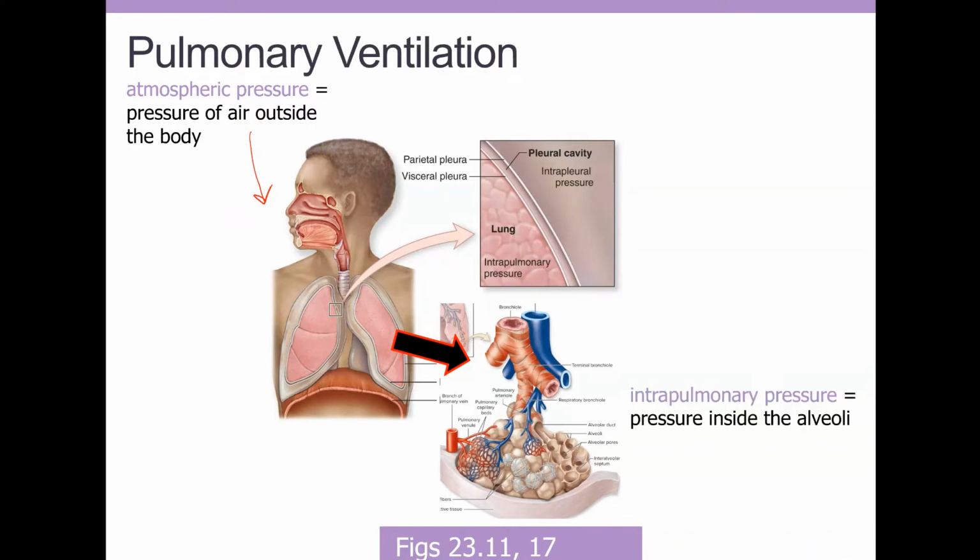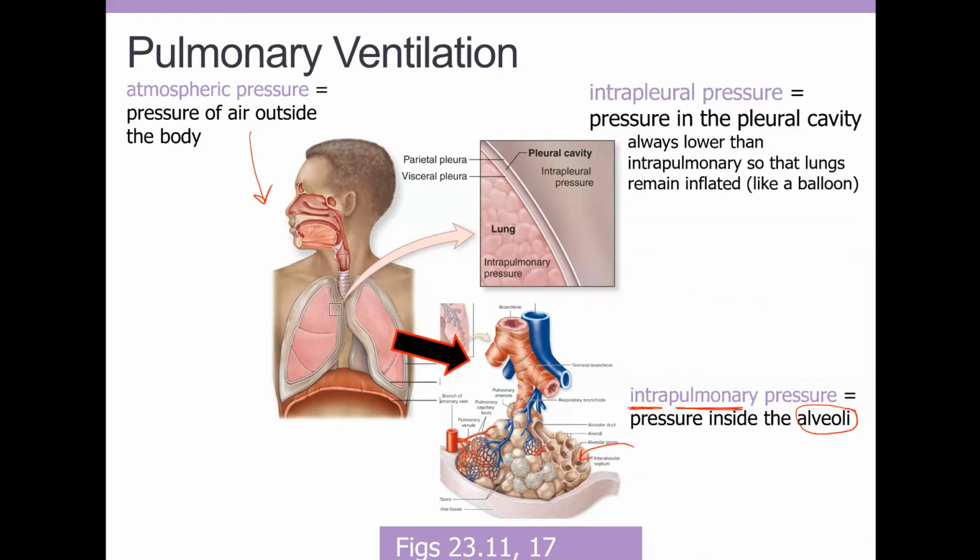The intrapulmonary pressure is the pressure that's going to be inside the alveoli. So intra is within, the pulmonary meaning the alveoli. So that's in these air pockets called the alveoli. That's the pressure inside of there.